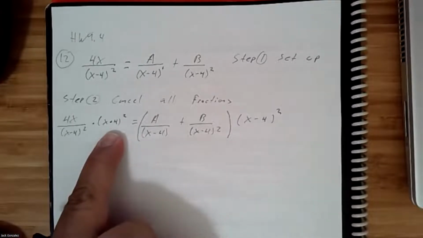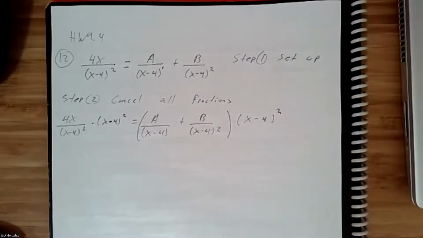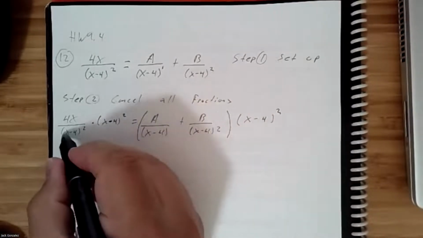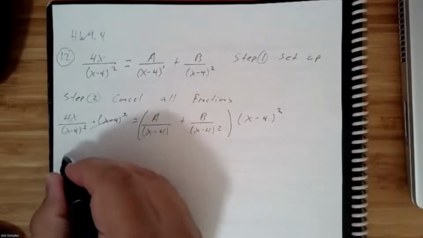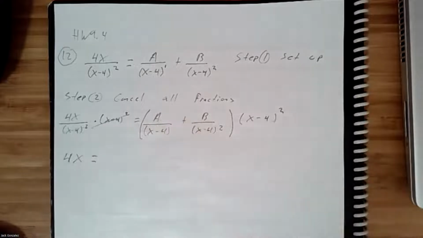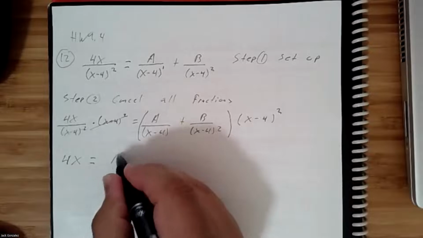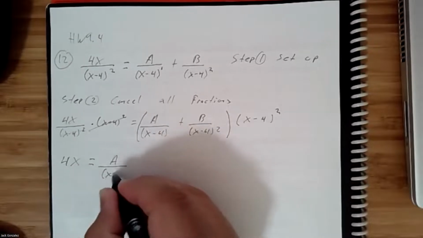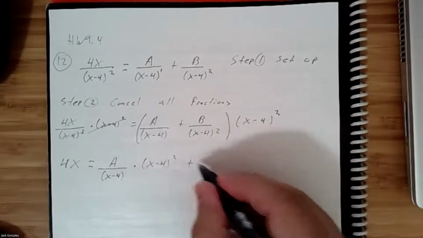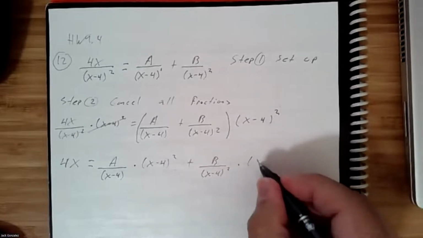So both sides got this multiplied on it. And of course, after a while, I stopped showing this left side, at least when I'm doing it, because it's always going to be just the numerator on the left side. Nothing else will be left. Then multiply each one, right? So I'm going to go ahead and show it. Okay.